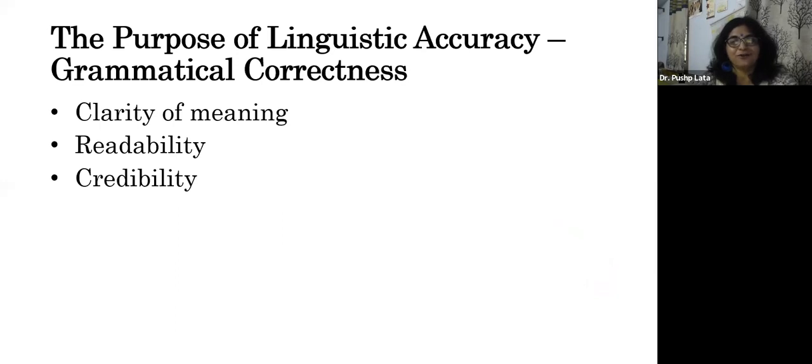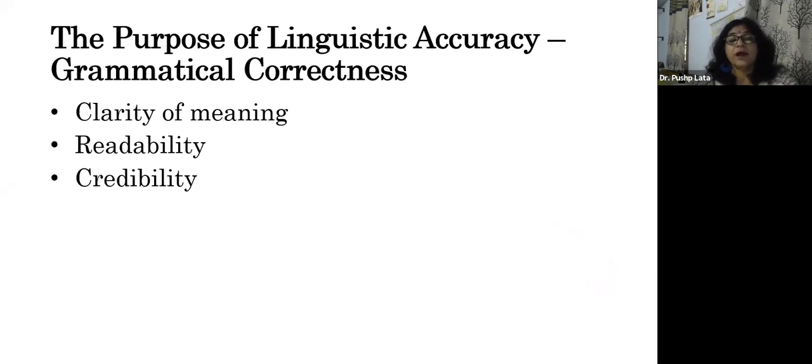And when our manuscript is grammatical error free, naturally we will have better credibility in the eyes of our readers. So, my dear friends, linguistic accuracy is very important. As researchers, we should always keep in mind that our manuscript should be as grammatical error free as possible. It should have no grammatical errors whatsoever.